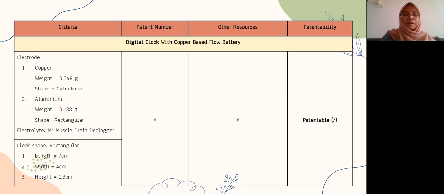For the electrolyte, we are using Mr. Muscle Drain Declogger. The clock is rectangular, with a length of 7 cm, a width of 4 cm, and a height of 1.3 cm. This digital clock with copper-based flow battery can be patented because there is no product like this using recyclable material in the market. So, next slide.